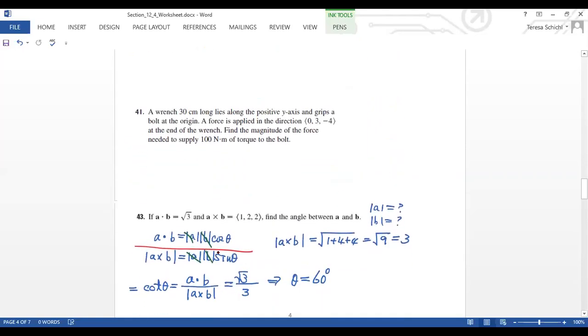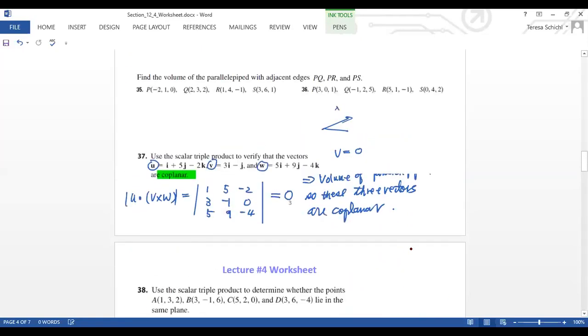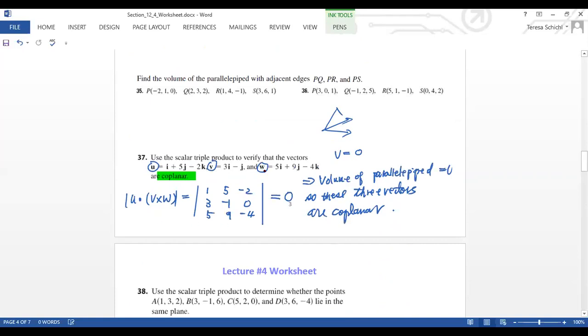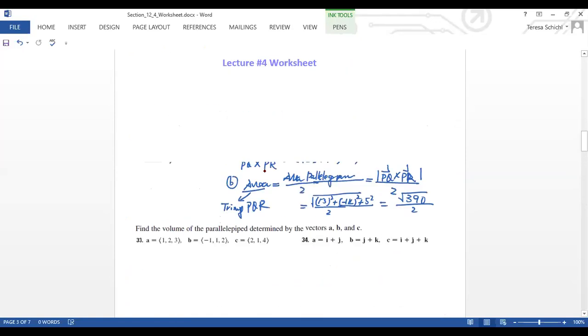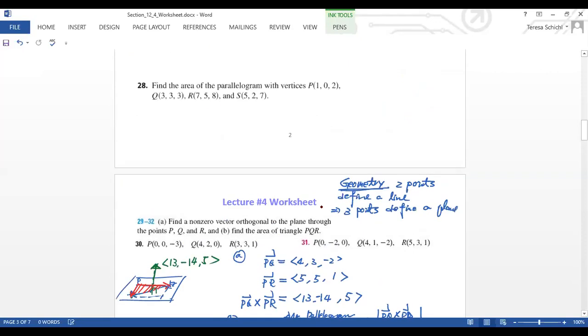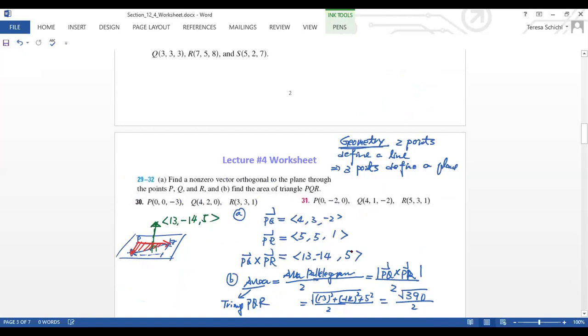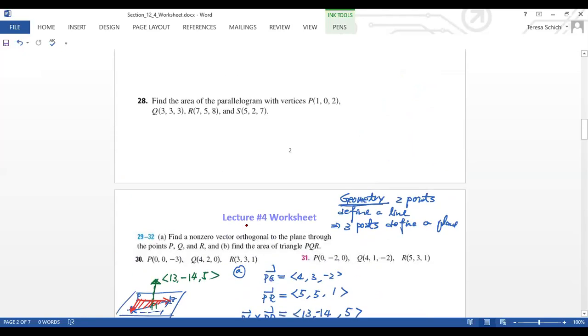Also, how do you find the angle between two vectors, even if I don't know the length of each vector? The other thing here is the coplanar concept. And how do you find a non-zero vector perpendicular to a plane? We use the cross product concept.